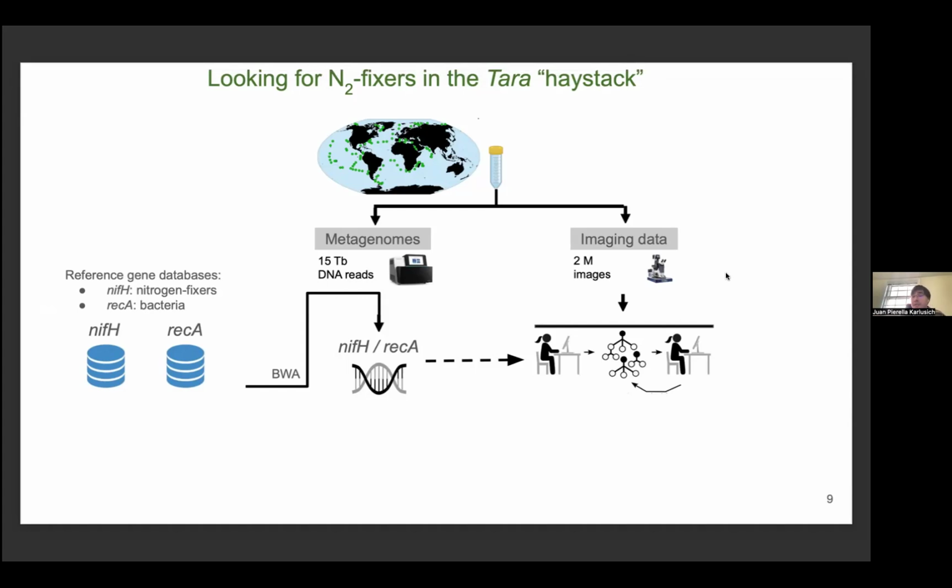Nitrogen fixers are very rare, with the exception of some examples of blooming, but in general they tend to be rare. So it was very challenging first to obtain these example images.